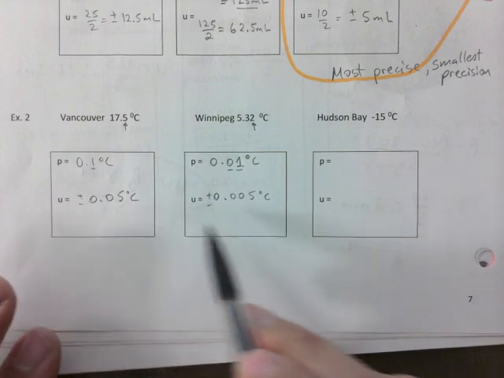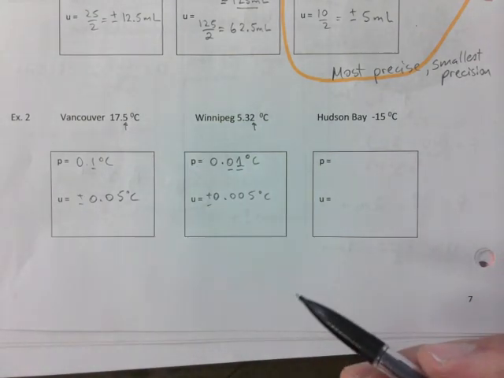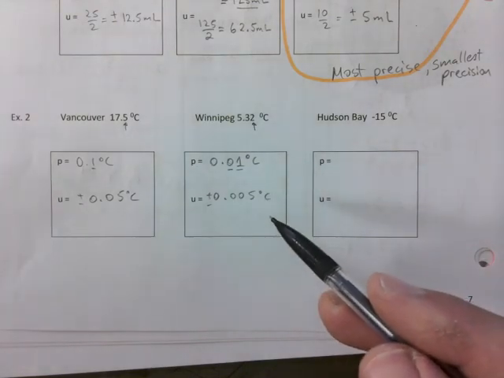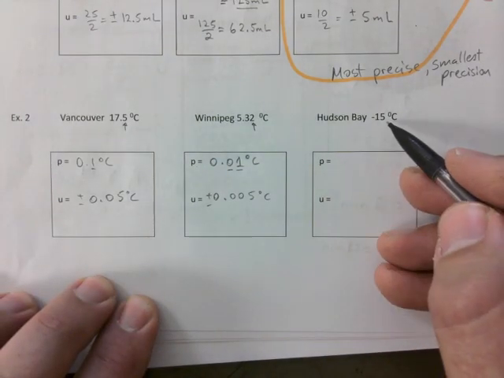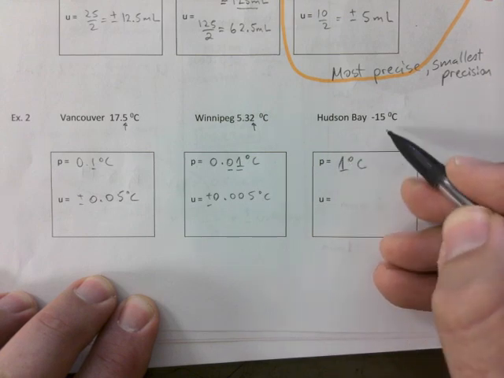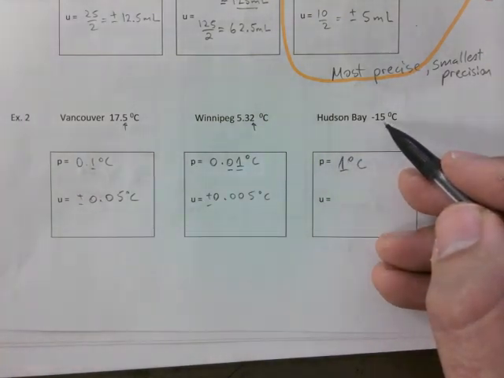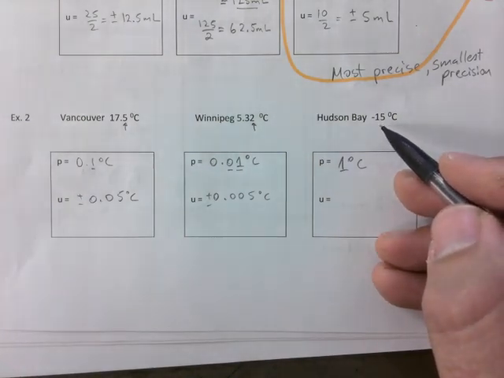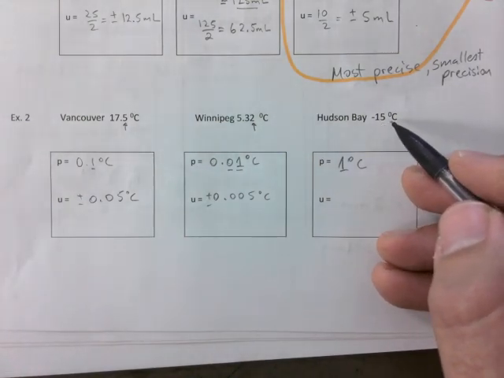Guys, the uncertainty is really not necessary to answer this, but I don't want you to forget how to do the uncertainty. The precision here is what? 1 degree Celsius, just a whole degree. It cannot go anything in between. It's either 16 or 14. That's what we're assuming when it's like this.